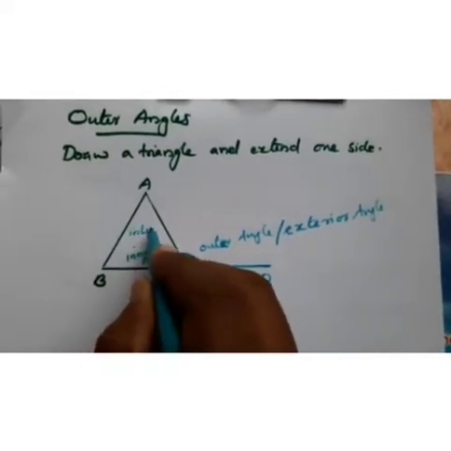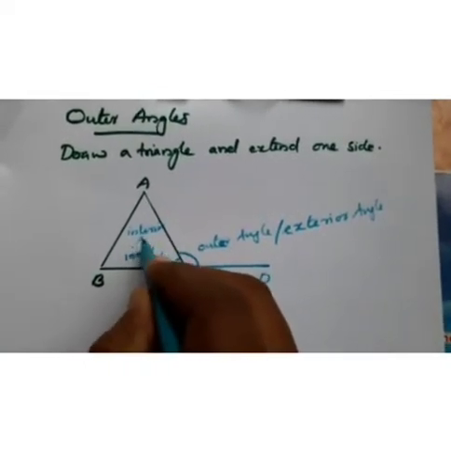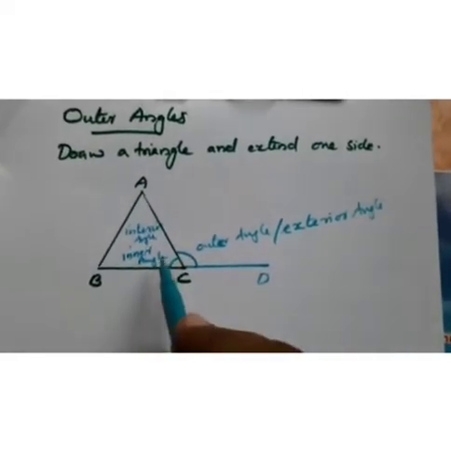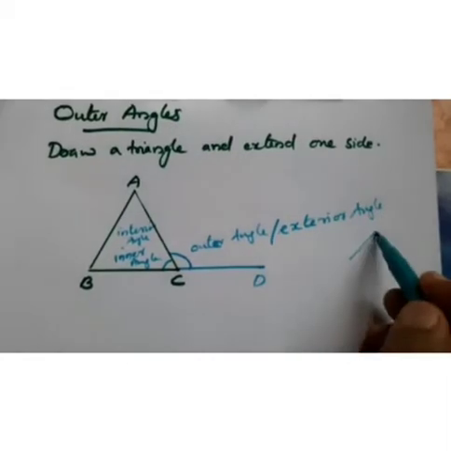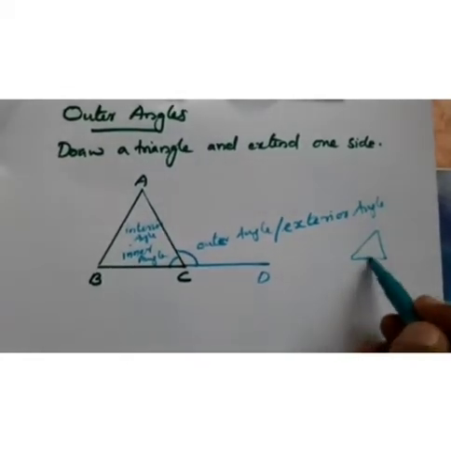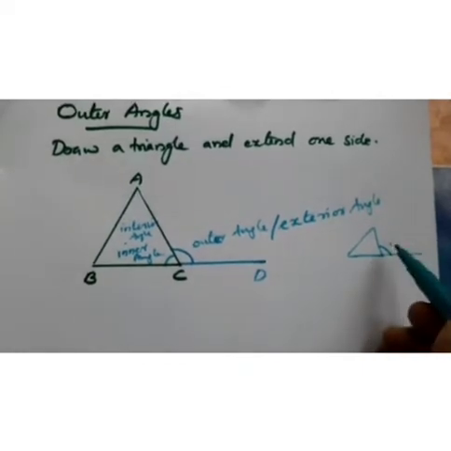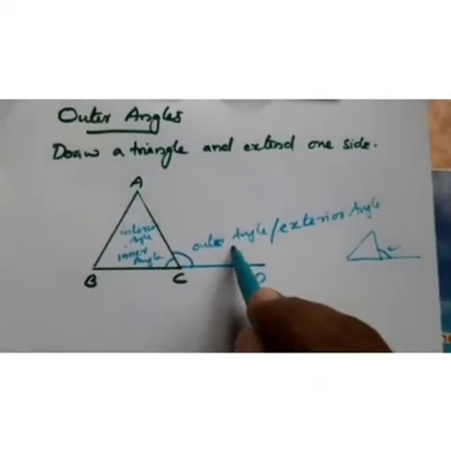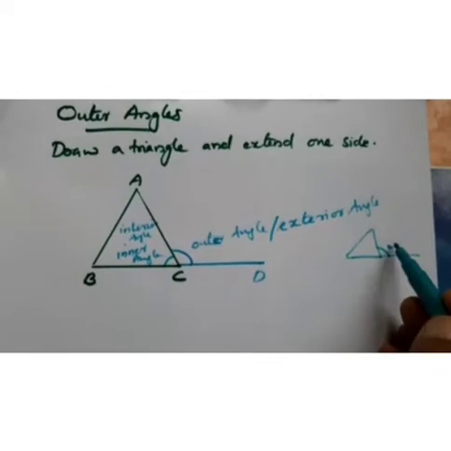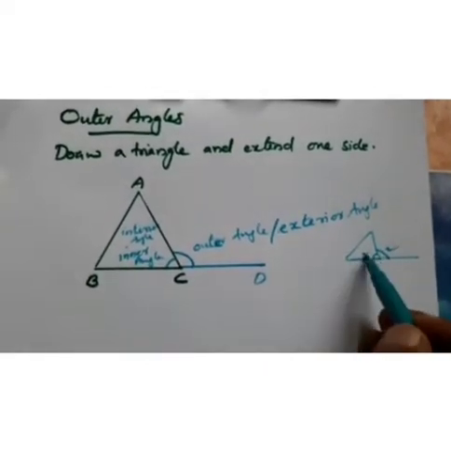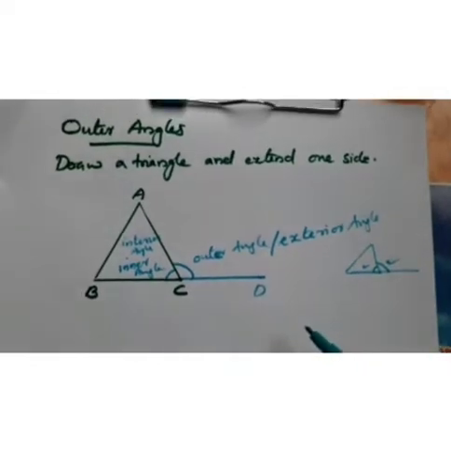So if we extend one side of a triangle, we get an angle outside, called the outer angle or exterior angle, and we get another angle inside, called the inner angle or interior angle.